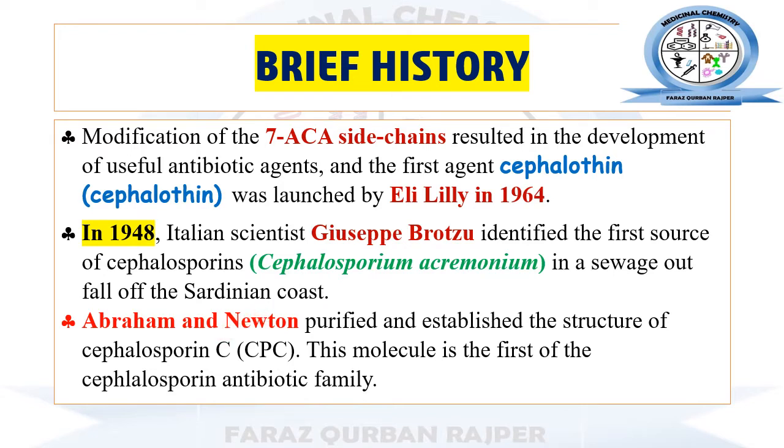Abraham and Newton purified and established the chemical structure of cephalosporin C. This molecule is the first of the cephalosporin antibiotic family, and later on it was used for different derivatives that were synthesized by structural modification of its chemical structure.